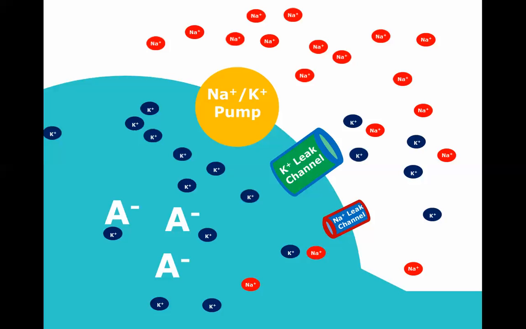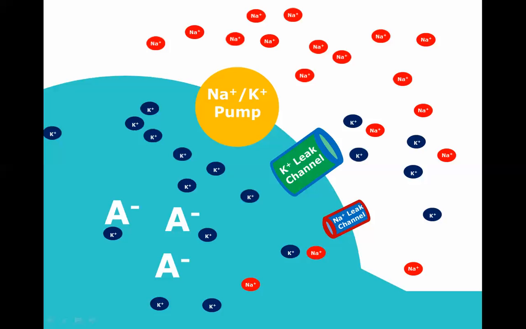Another way to think of it: if the outside's plus 21 and the inside is plus 12, and I say the outside's 0, the inside would be minus 9, or we can leave it at the inside is more negatively charged than the outside is.